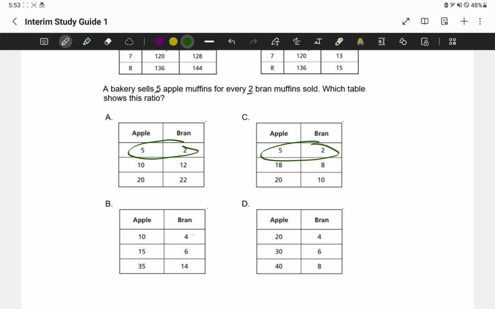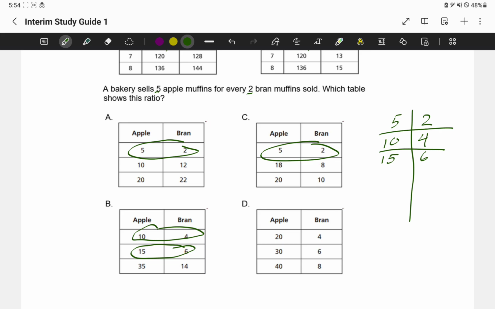Well, if we continue it out, 5 to 2, then the next thing would be 10 and 4. Well, there's 10 and 4. 15 and 6. Well, there's 15 and 6. But this says 10 and 12. But it should be 10 and 4.